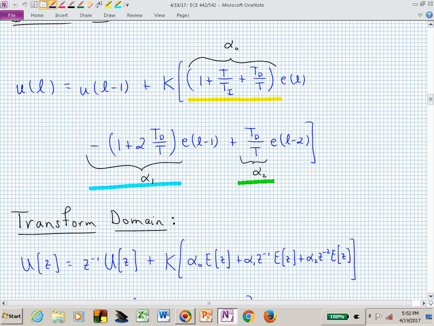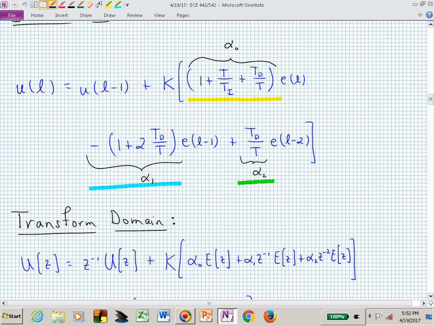Likewise, and here my alpha 1, I'm going ahead and including that negative coefficient inside alpha 1 so that all of my coefficients in the bottom row that's on the screen right now have positive coefficients. I have alpha 0, alpha 1, and alpha 2.